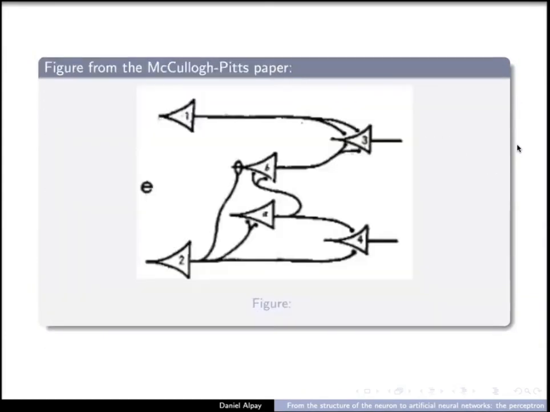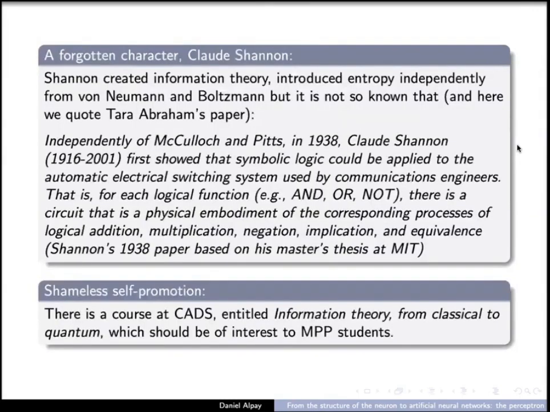So let's have a model. Before I go to Rosenblatt and the perceptron, I would like to mention a forgotten character and make some shameless self-promotion. There is Claude Shannon. He created information theory and entropy. Entropy was also developed by von Neumann and other people, but in an independent way.